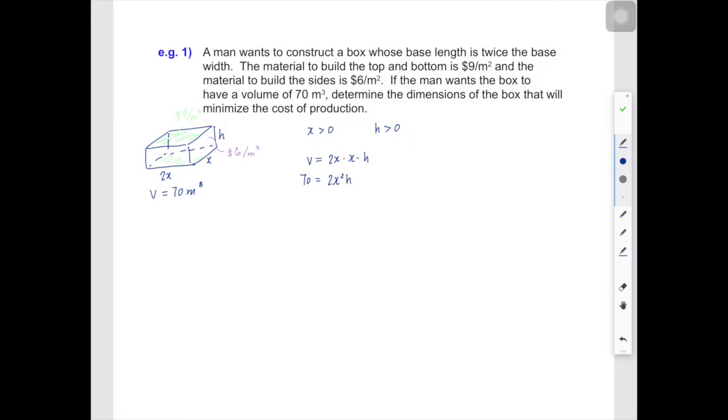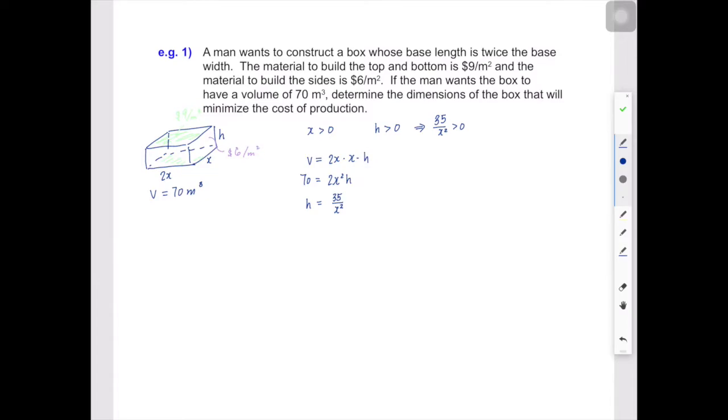Just like what you did in the investigation, if I isolate h, it is 35 over x squared, which gives us a useful expression to substitute into our optimization equation. Since the height has to be greater than 0, it also implies that 35 over x squared needs to be greater than 0.